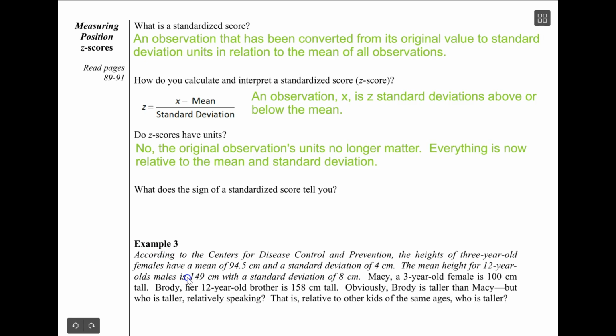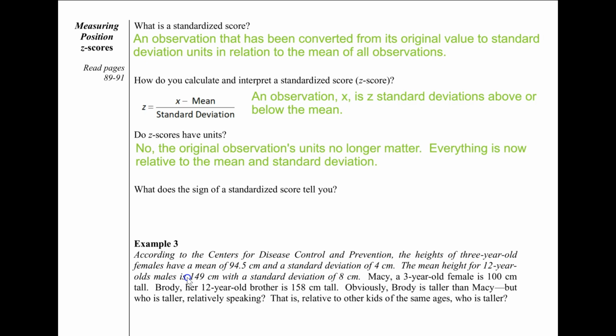A common mistake in z-scores is that students will say a z-score is 3.9 standard deviation inches or 3.9 inches. It can't be. So no, the original observation's units no longer matter. Everything is now relative to the mean and the standard deviation. So please don't ever, and this is a common mistake, they will get you for this one on the AP exam, write a z-score with units, inches, height, minutes, whatever.